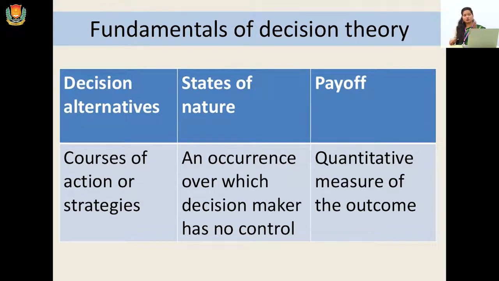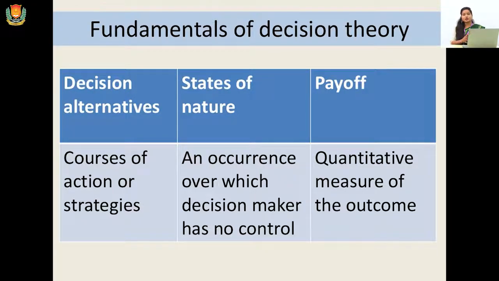For example, you make a strategy to conclude the business process, or to conclude the process of the factory or your outlets. So for those things you need to frame some kind of strategies.